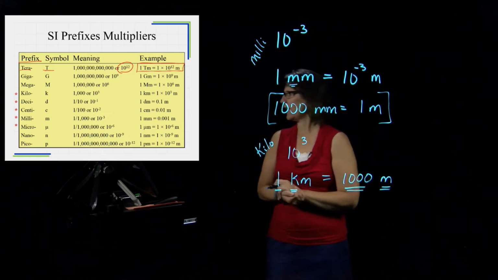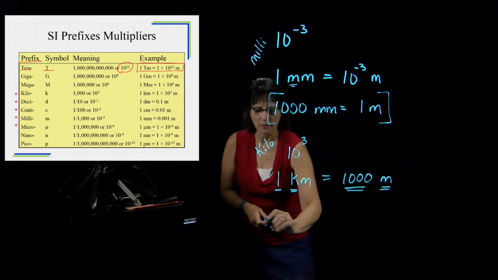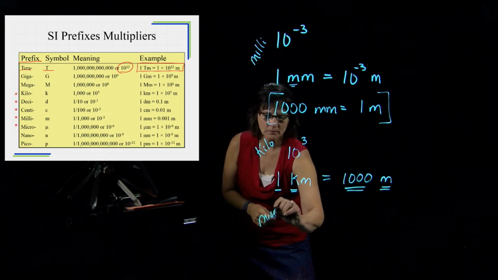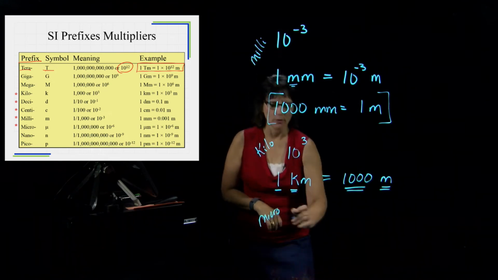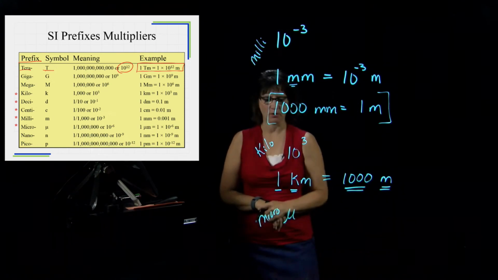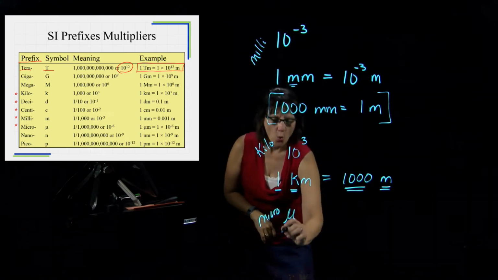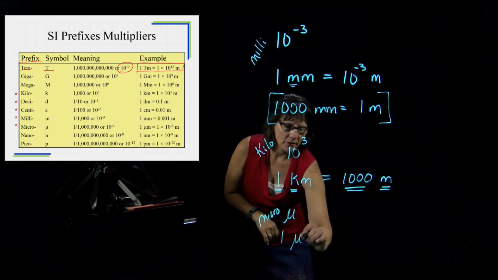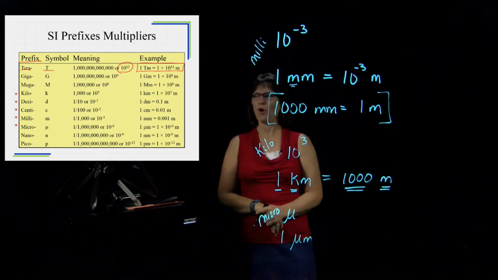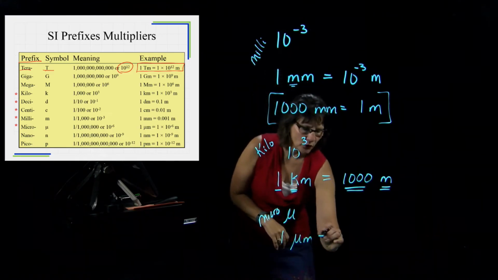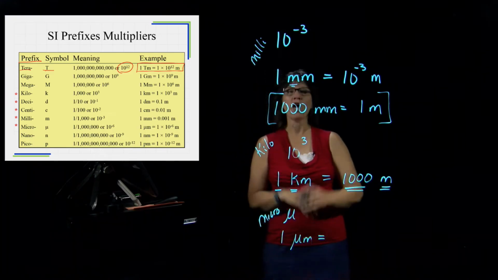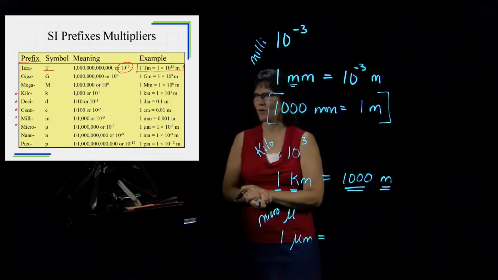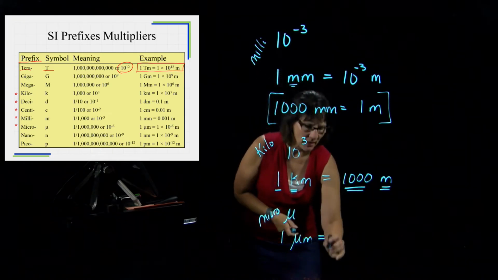Let's do one more example. Let's take micro. Okay? Micro. Here's our symbol for micro. Okay? 1 micrometer, that's how we would say it. 1 micrometer equals, well, what does micro mean? Eventually, you'll have this memorized, but micro means 10 to the minus 6.